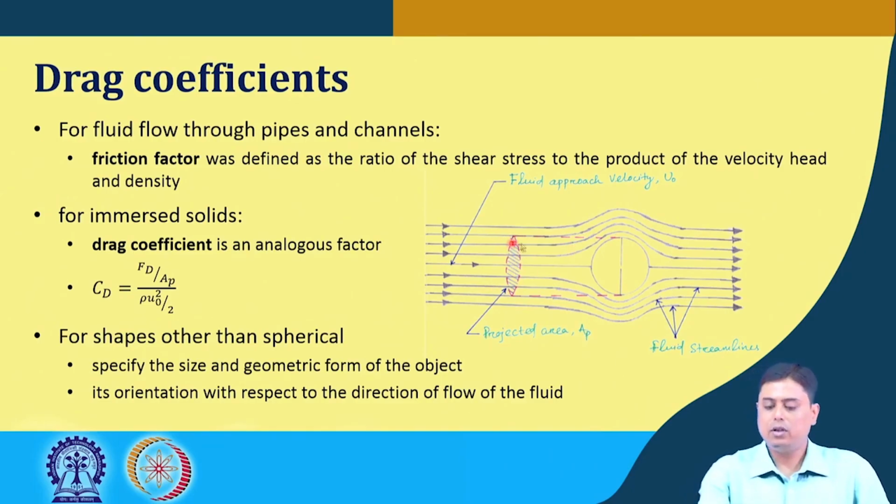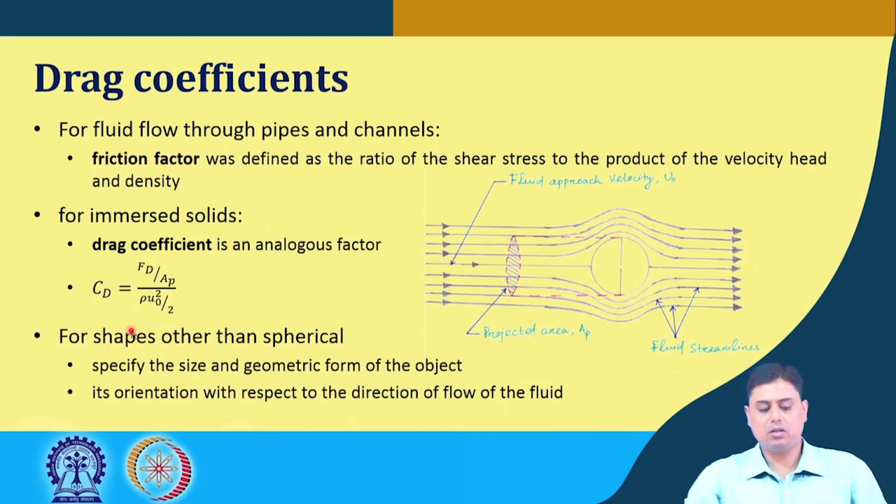Okay. So if the total drag force is FD, the drag force per unit area is FD by AP, fine, and at the bottom we have rho, which is the density, and the approach velocity, and approach velocity square by 2 is basically the velocity head. Okay. So this is the definition of the drag coefficient.